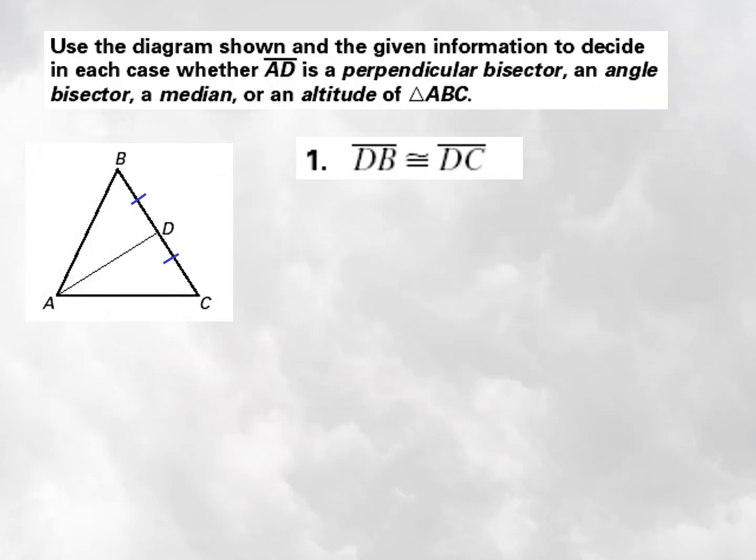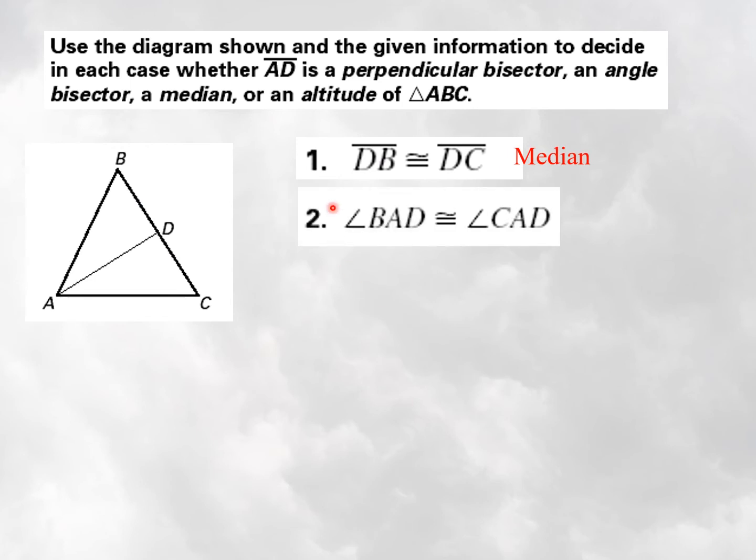Use the given diagram and the given information to decide in each case whether segment AD is a perpendicular bisector, an angle bisector, a median, or an altitude of triangle ABC. If segment DB is congruent to segment DC, it's a median. If angle BAD is congruent to angle CAD, segment AD is an angle bisector.